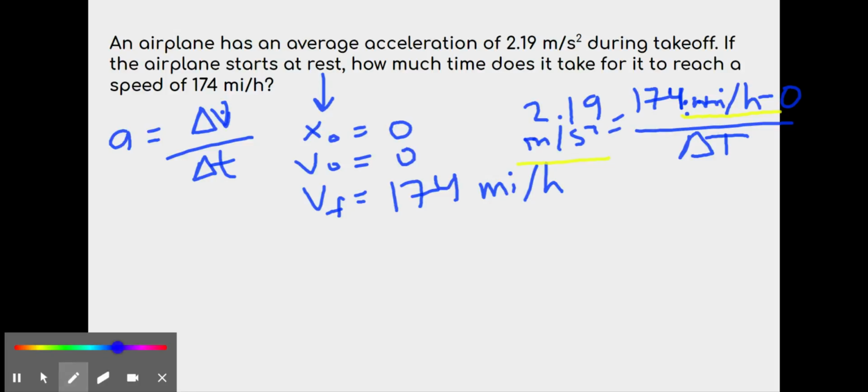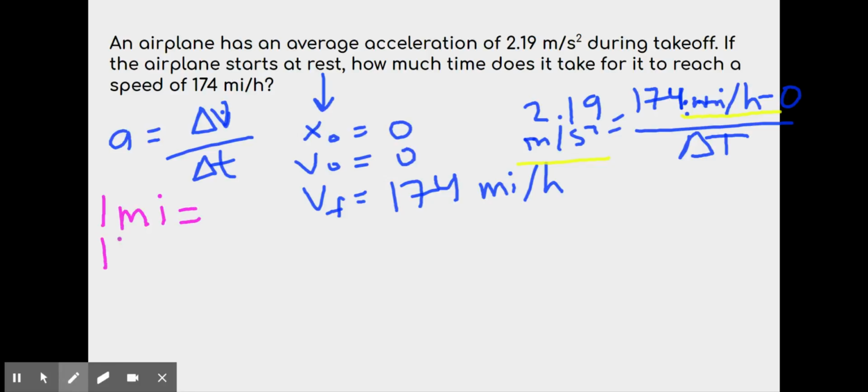So pause this video and take a moment to convert miles per hour to meters per second. The only piece of information you might need is this. 1 mile is equal to 1,609 meters. Okay, so go ahead and try that.